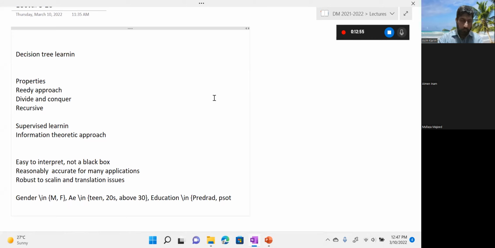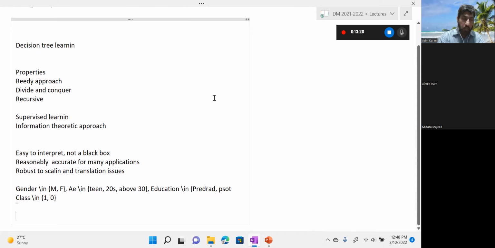So the class, let's say, is buys a computer, yes or no. Okay. So let's say this is a simple hypothetical problem that we want to tackle. And let me give these attributes symbols. So x1 is gender, x2 is age, x3 is education, and the class label, let me just say C. Okay.